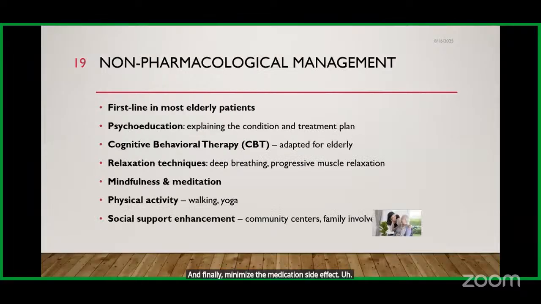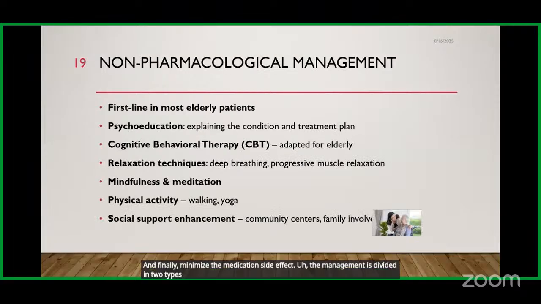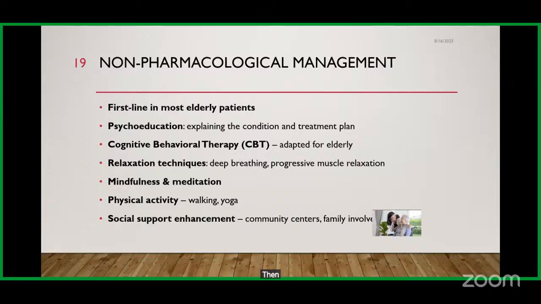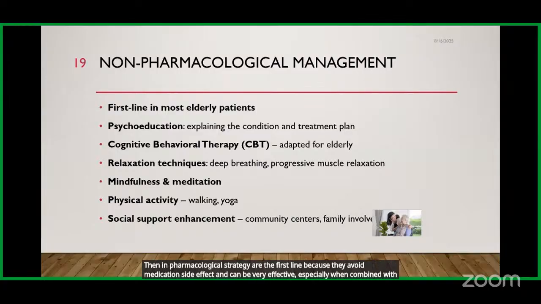The management is divided into two types, non-pharmacological and pharmacological. The non-pharmacological strategies are first line because they avoid medication side effects and can be very effective, especially when combined with social engagement.